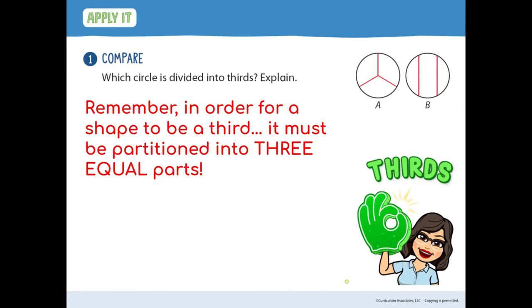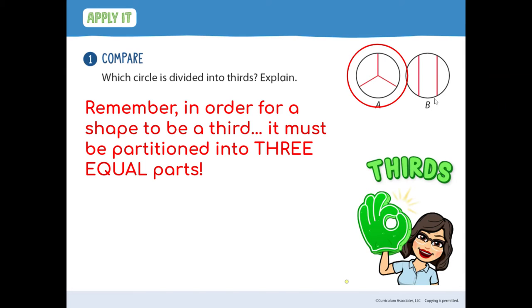So let's look at A and B. So let's think, which one do you think is partitioned into 3 equal parts? A or B? Hold it in your mind, A or B. You are correct. The A is partitioned into 3 equal parts, and we call that thirds.